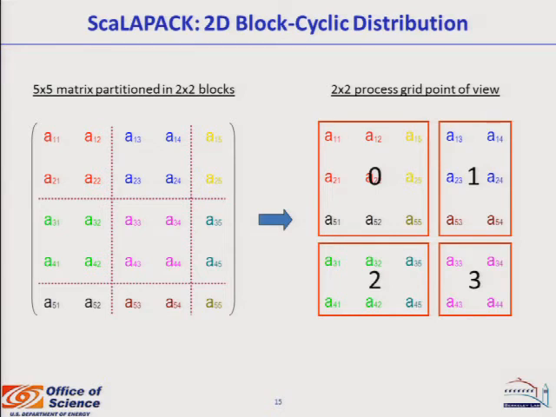You take your array, you partition it in blocks, in this case 2 by 2, and then you distribute it among the number of cores or processes you have in this way. It may be the case that when you partition the array, you have one block with one entry. There's no problem at all with that. Why do we have to partition an array in blocks?